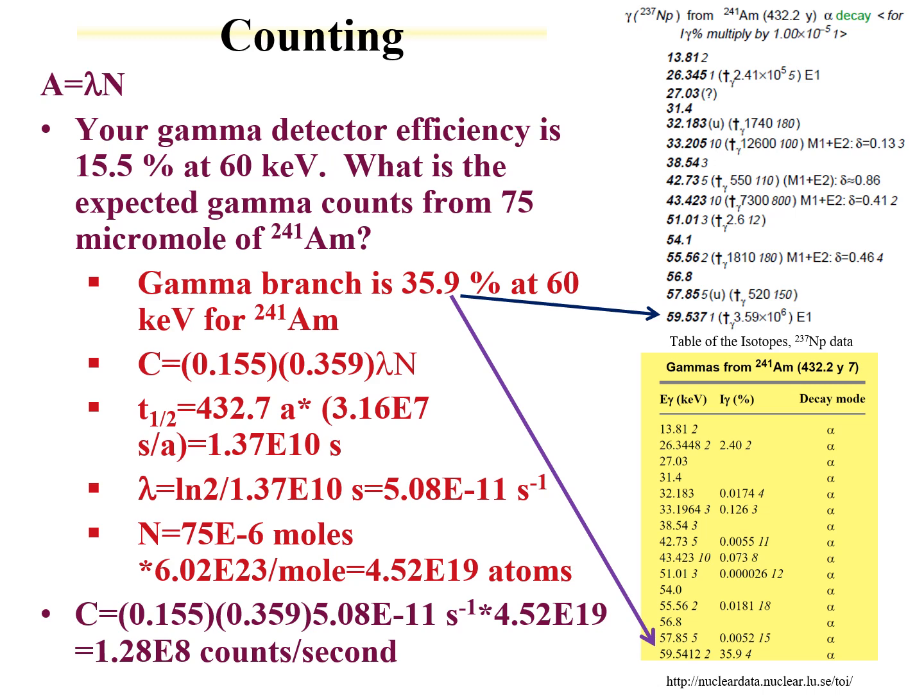The gamma efficiency data shown here is from the Table of the Isotopes and the Lund University site.